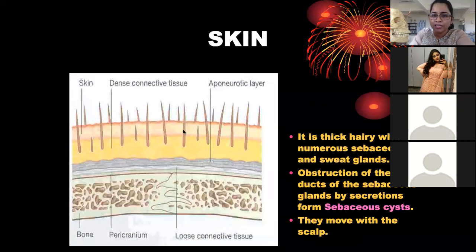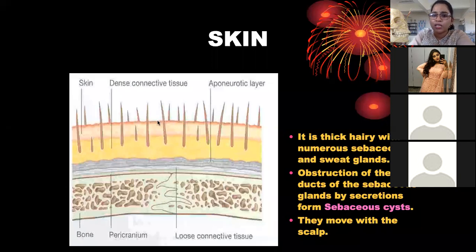It can be any tissue fluid, pus, or blood. This cyst cannot spread or bulge outside very much because the skin is adherent to the connective tissue. So these cysts are small in size, but very, very painful.